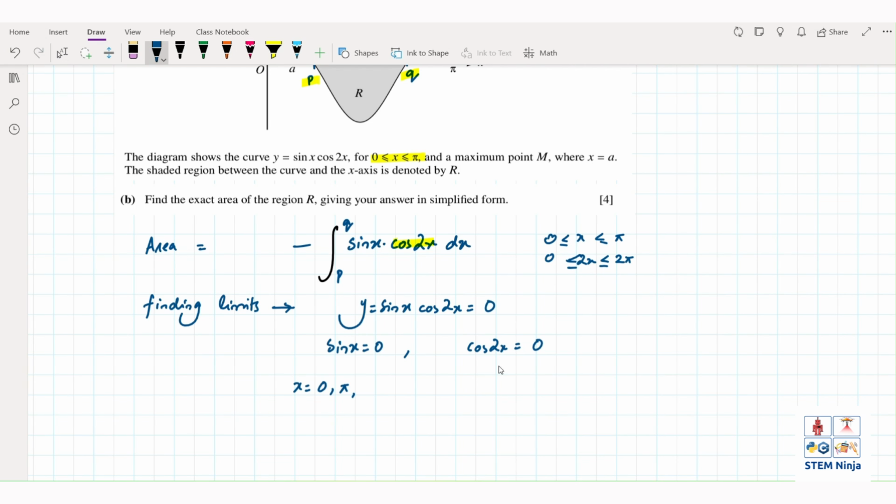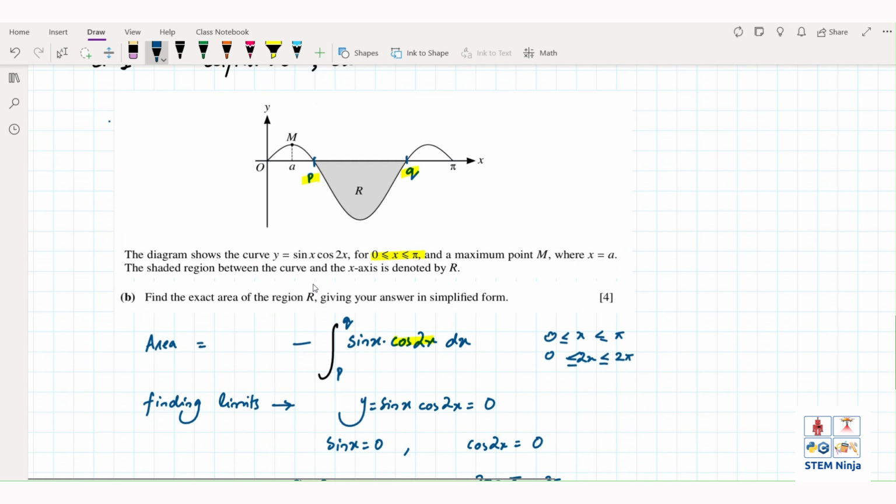So up to 2 pi. For 2x, cosine is 0 at pi by 2 and 3 pi by 2. So that must mean that x would be pi by 4 and 3 pi by 4.